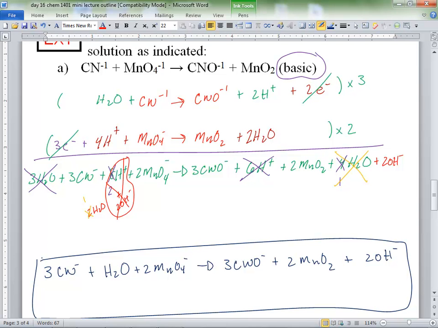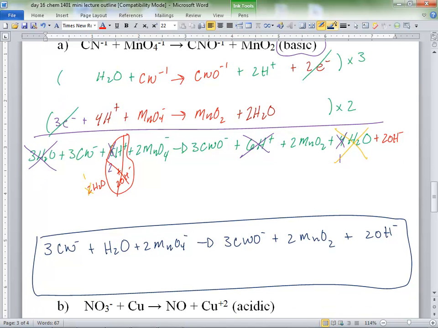Okay. Let's see if it's truly balanced. You don't have to go this far, but it's good practice for you. Those charges. You have to have the same charge on both sides. I don't care whether it's positive 8 on both sides, negative 6 on both sides, 0 on both sides. It's got to be the same on both sides. That's good practice, because that's the hardest thing that you guys have to work with anyway. What is the total charge on that side? See if you can figure it out.